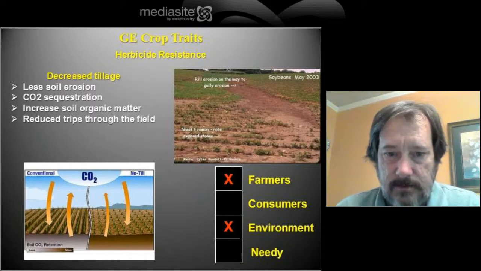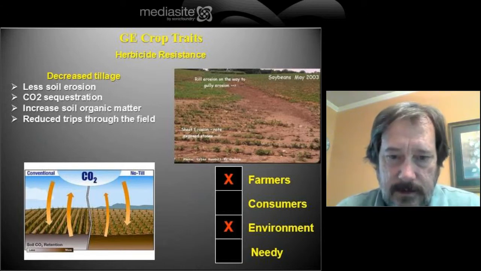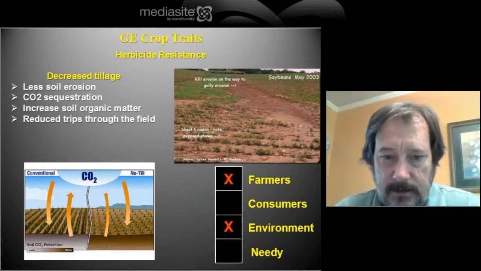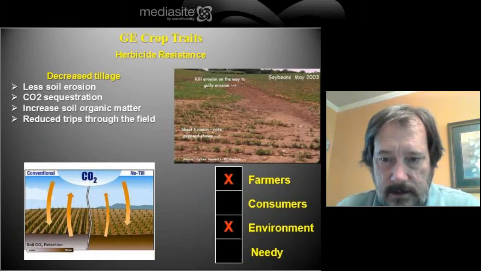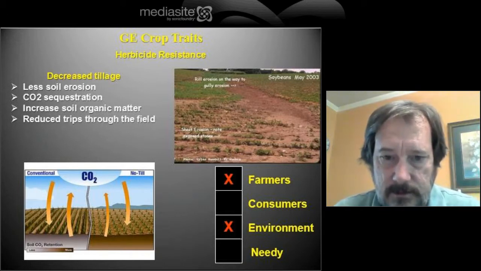And you see on the bottom left there that in a conventional field on the left, basically you have the plants in the field taking up CO2 for photosynthesis, incorporating it in the plant, and the plant's decaying, and you have really no net gain of CO2 into the soil.